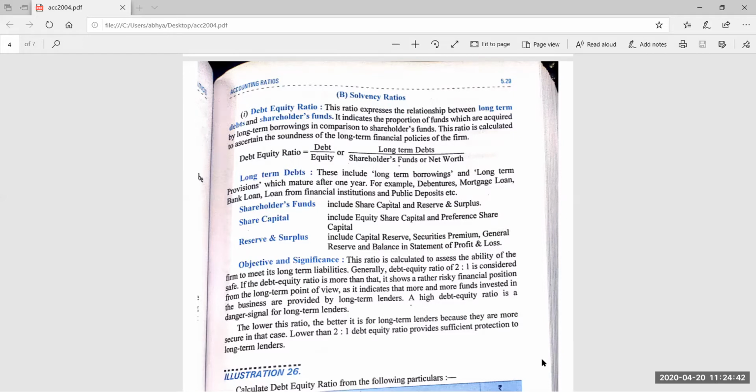Fourth, interest coverage ratio. First is the debt equity ratio. Second is total assets to debt ratio. Third is proprietary ratio. And the fourth one is interest coverage ratio. So these four ratios we have to do in this topic.